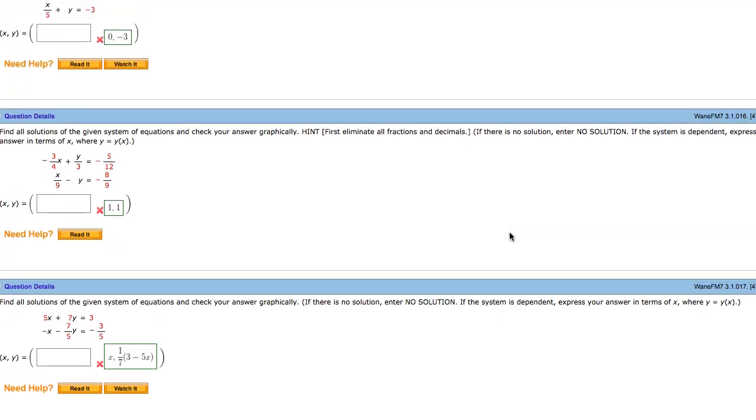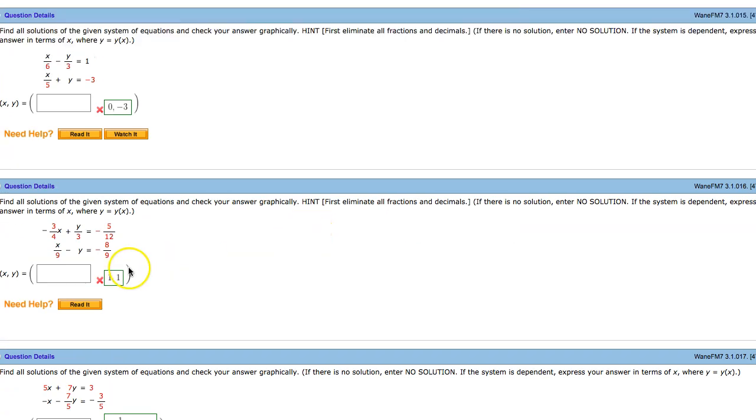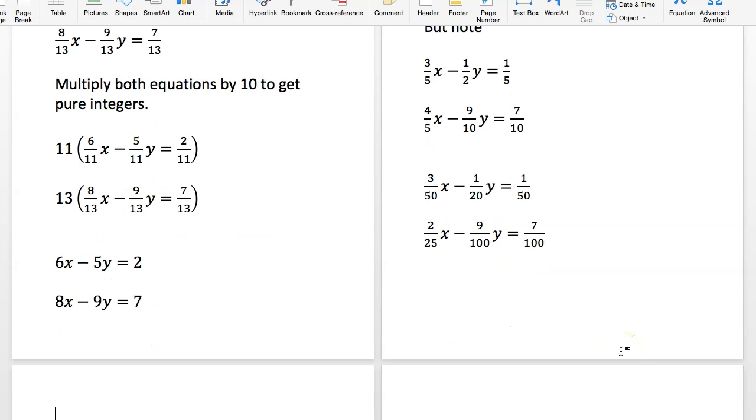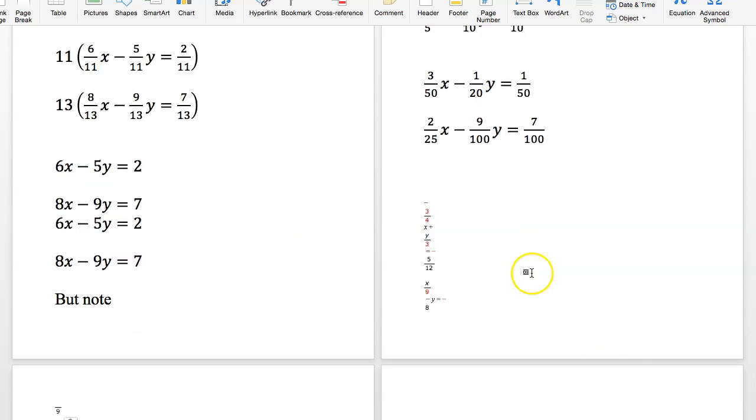Now, if you have a troublesome problem like this, how do you handle it? Well, what if the denominators don't all jive?